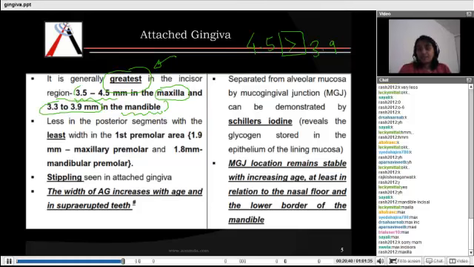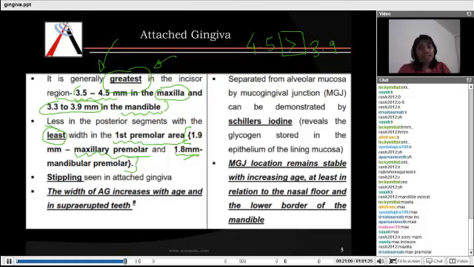Why am I talking about this point? Because there is an MCQ that talks about the least amount of attached gingiva, which is in the first premolar area. Now look at the values. The value says it is 1.9 mm in maxillary premolars and 1.8 mm in mandibular premolars.